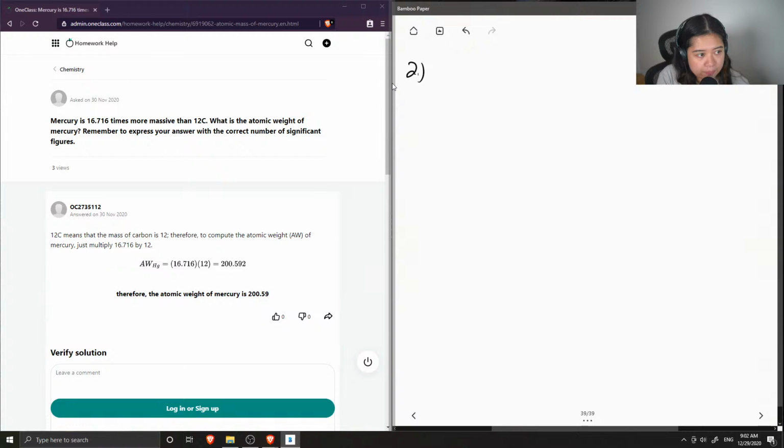Okay, so pretty much we need to find out the atomic weight of mercury, and we know that it is 16.716 times more massive than the atomic mass of carbon. So atomic mass of carbon is equal to 12.